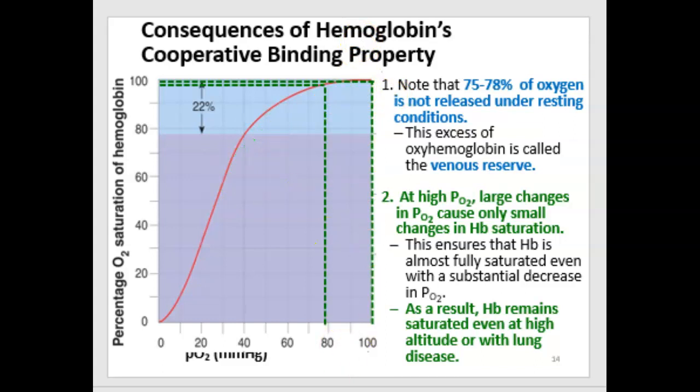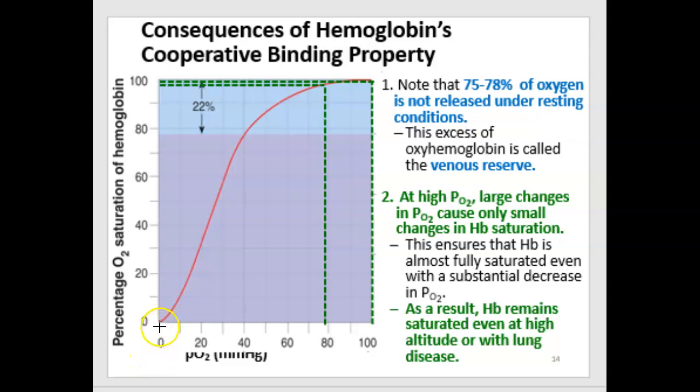Okay, also at high PO2, a very large change in PO2 from 100 to 80 causes a very small change in hemoglobin saturation. Only like 2% change. That is the opposite of what we saw at lower PO2s.